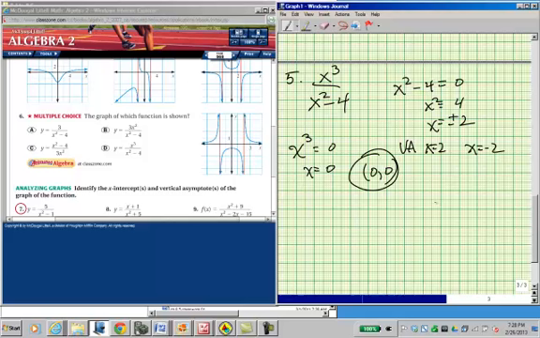All right? Now, which of these? This guy, 3x squared equals 0, so you're going to have an x-intercept at 0, 0. Here, x squared minus 4, you're going to have an x-intercept at negative 2 and positive 2. And x cubed, make that equal to 0. You'll have an x-intercept at 0, 0.